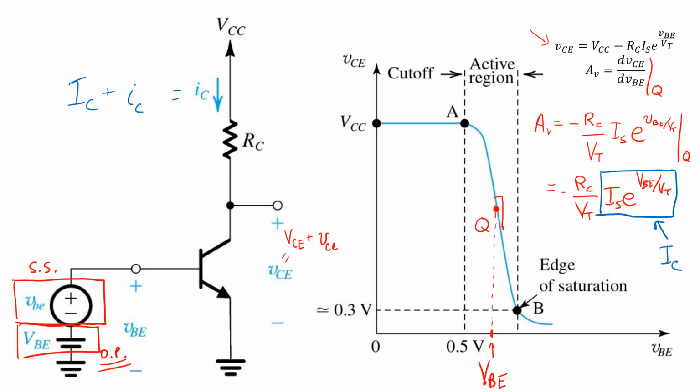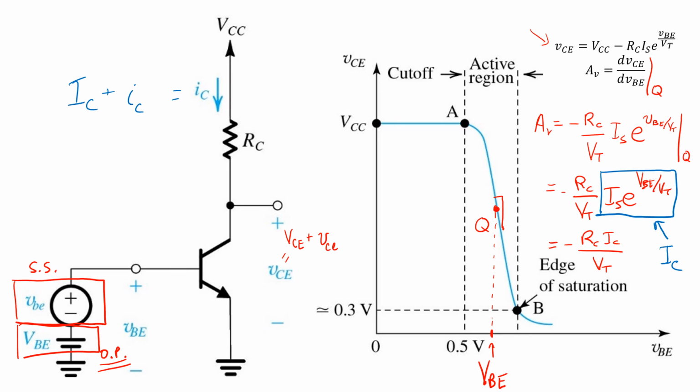It can be a little difficult to distinguish uppercase and lowercase letters like C, so you have to watch out for that, and hopefully it's clear from context. In any case, we can rewrite the gain expression now in terms of that bias current, IC, and you get a relatively simple expression here for the gain of the BJT amplifier.